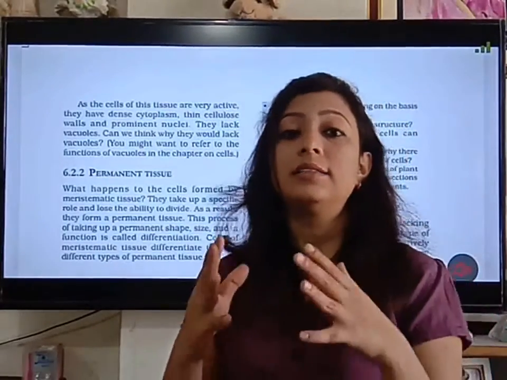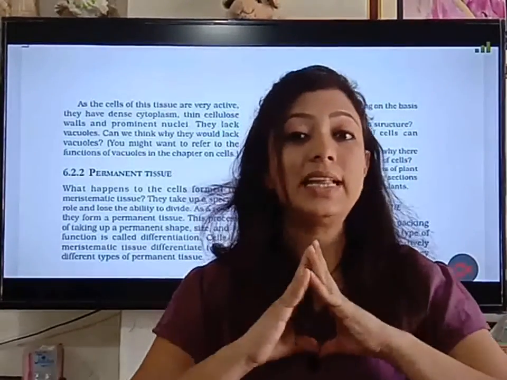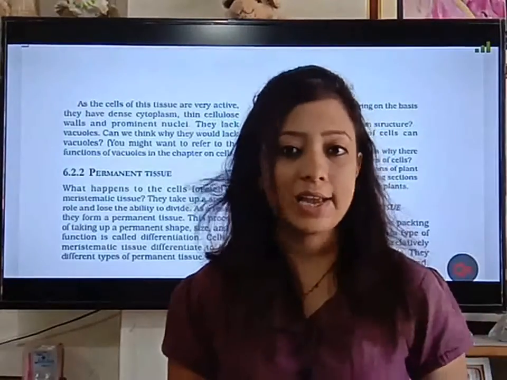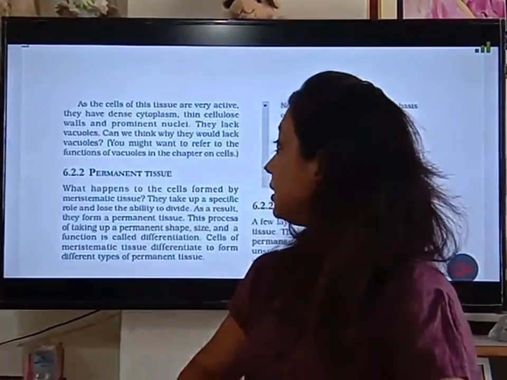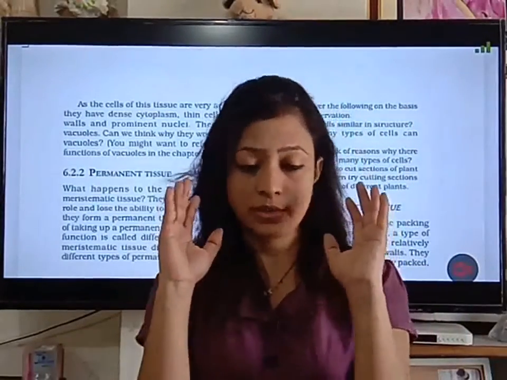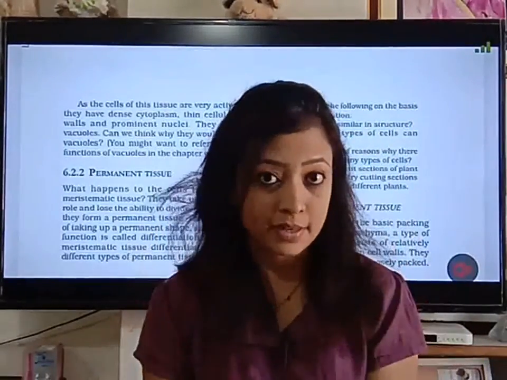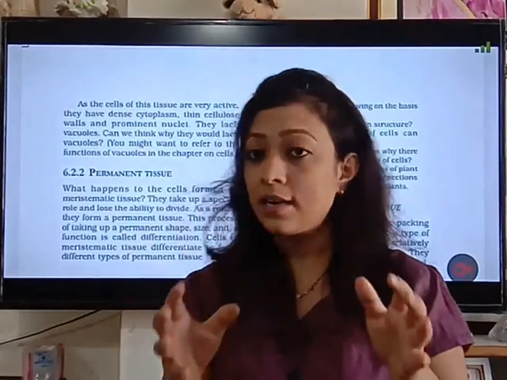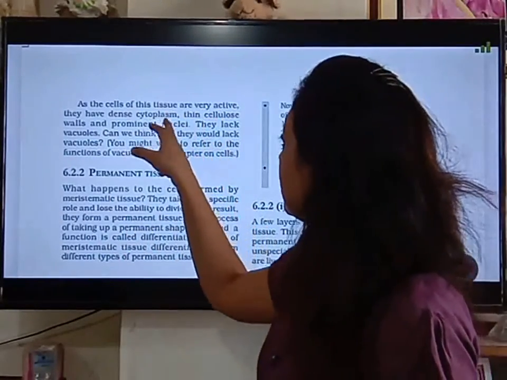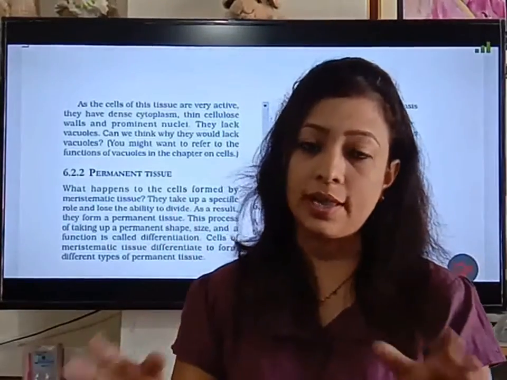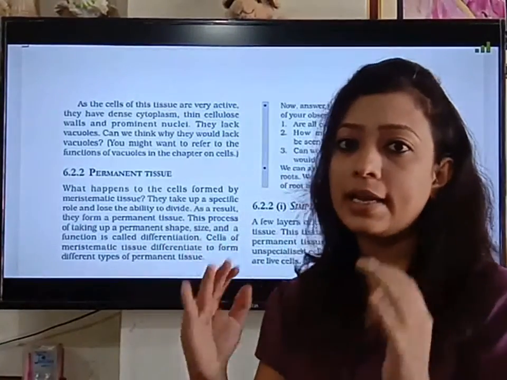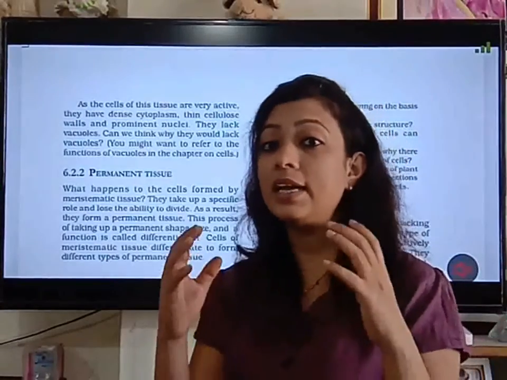Apart from that, these meristematic cells have dense cytoplasm. Dense cytoplasm is there because they have a nucleus that is very prominent. They have the cytoplasm and other organelles, but vacuoles are not there in the cytoplasm of meristematic cells.